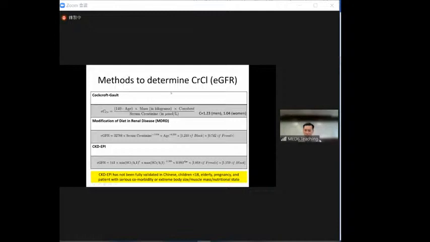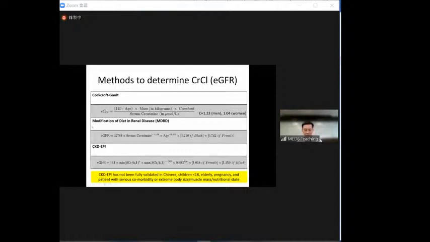In particular, if you want to use a formula to titrate the medication to the renally adjusted dose. But the disadvantage is we need to measure the patient's body weight, all right?